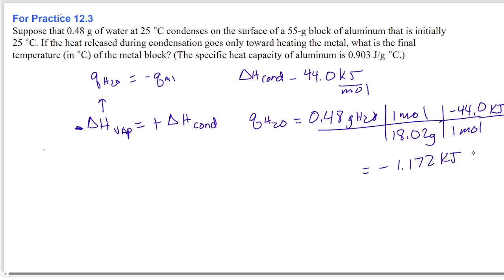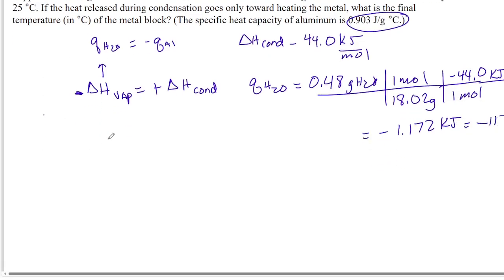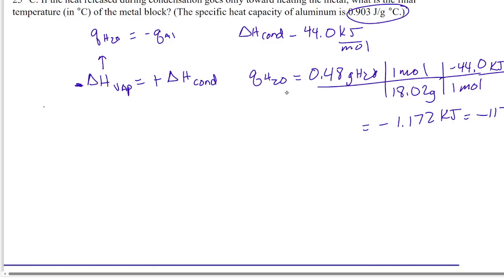All right, and we need to convert that to joules because our C sub S for the aluminum is 0.903 joules per gram degrees C. So that is equal to negative 1172 joules. Okay, and that's the Q for the water. So we're going to put that here.